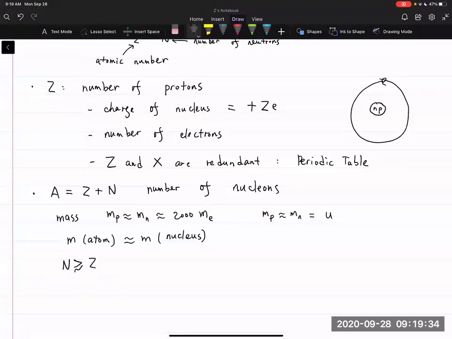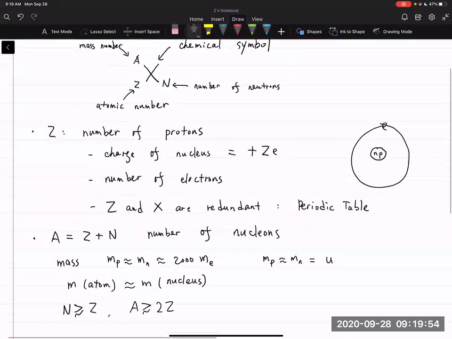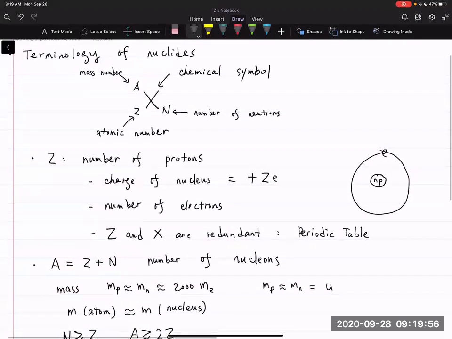So N is either equal to Z or slightly more than Z. Then this mass number A will be slightly larger than twice Z. So that is the mass number.